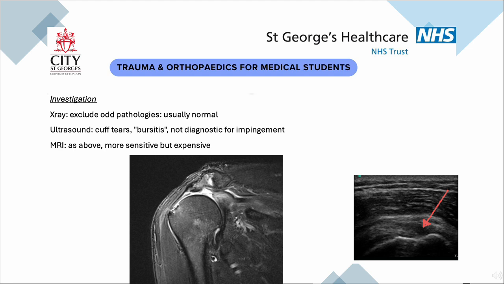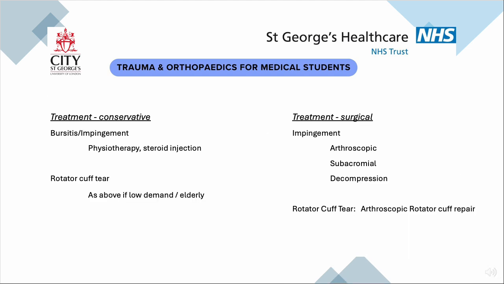The MRI, again, is very useful for getting a lot of detailed information about the rotator cuff and the rest of the shoulder. However, it is more expensive and takes more time to get. The treatment for all of these conditions in the first instance really is physiotherapy and possibly a steroid injection.